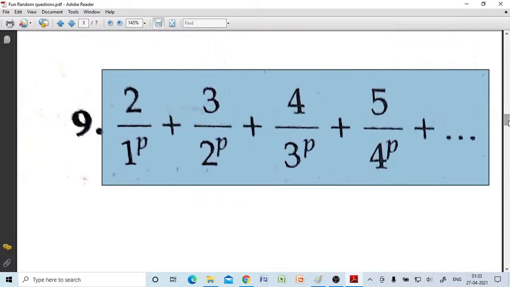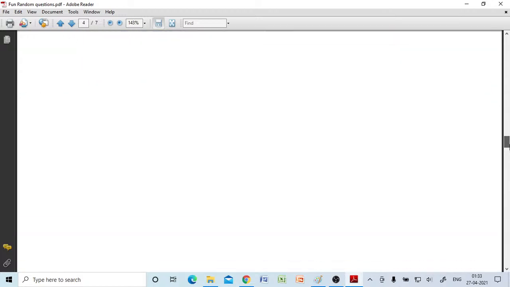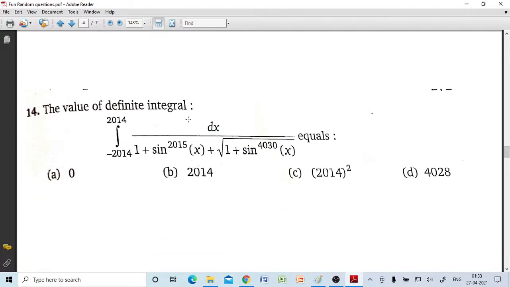This question I just took from a book. So the next question is, wow, a big integral.